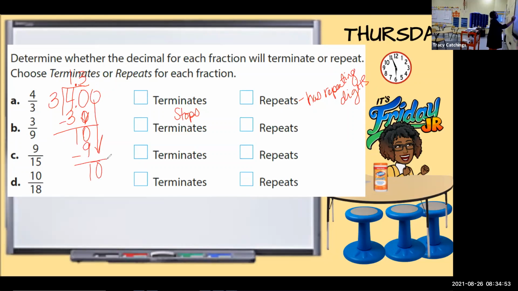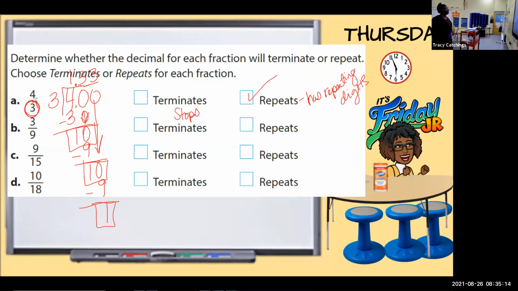What do you see that's beginning to happen? You're using the same numbers. Yes, we're using that same number of 10. So yes, that would be one that repeats. And one trick, anytime you have a denominator of 3, it will repeat.